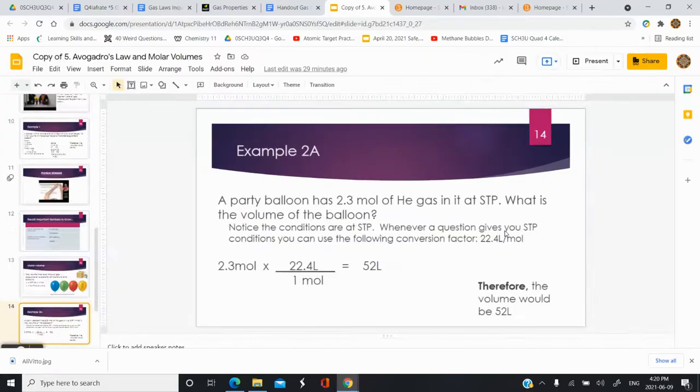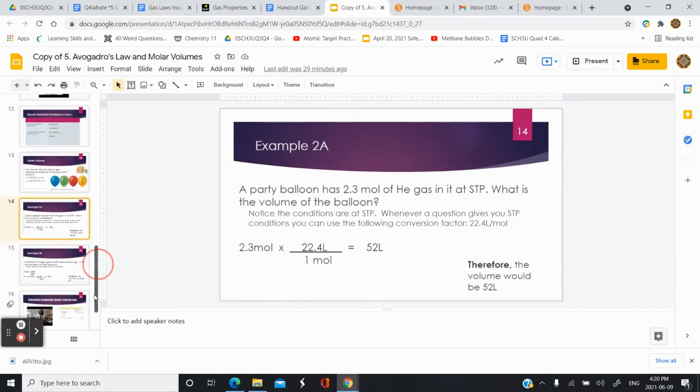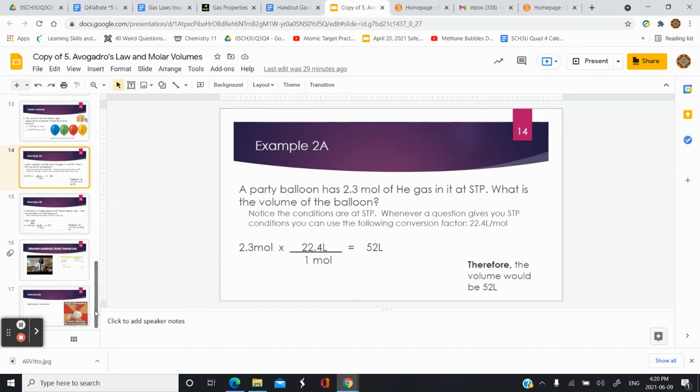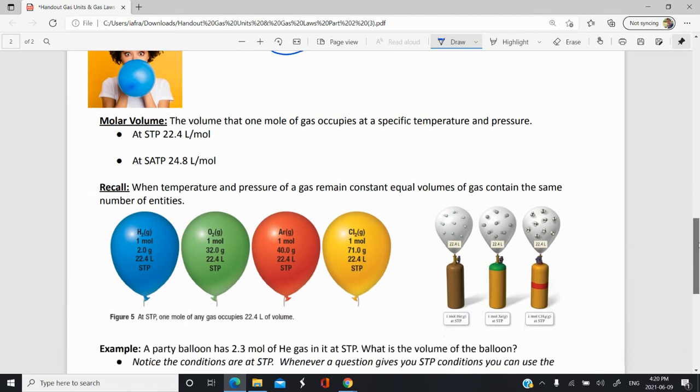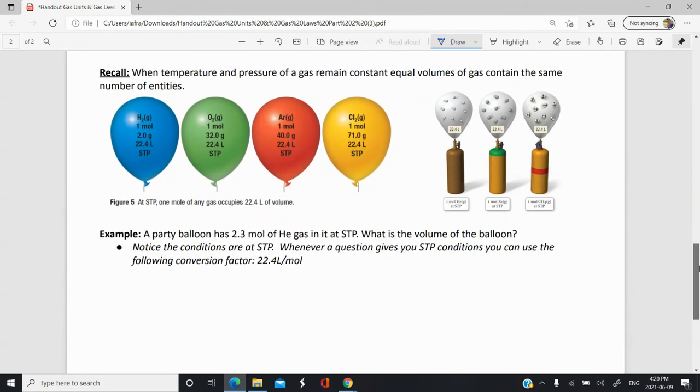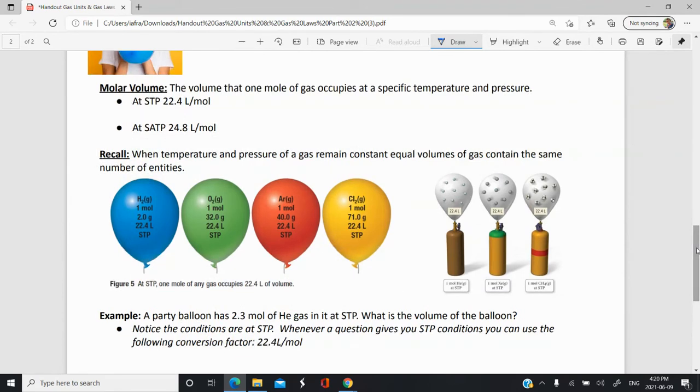So let's see how we can use knowledge of the molar volumes to solve some problems. All right, so we have our molar volumes given to us. Here's another image just to go over.